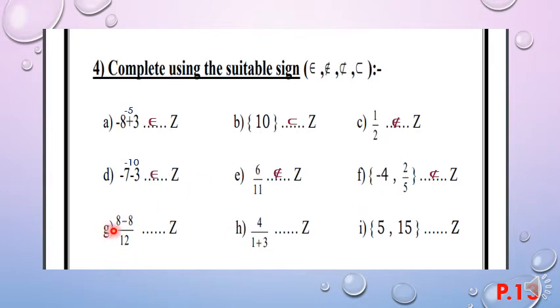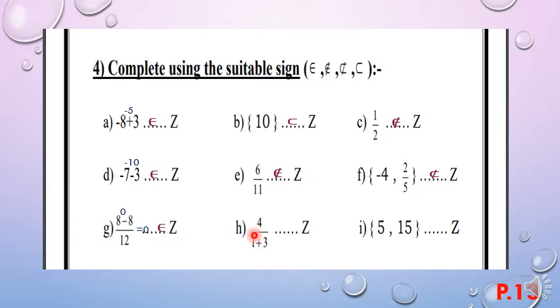G, 8 minus 8 over 12. So let's solve it first. 8 minus 8 equals 0. 0 over 12, which means 0 divided by 12 equals 0. Do we have 0 in Z? Yes, we have. So here the answer will be belongs.